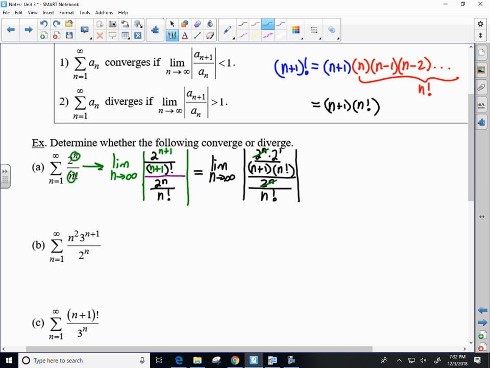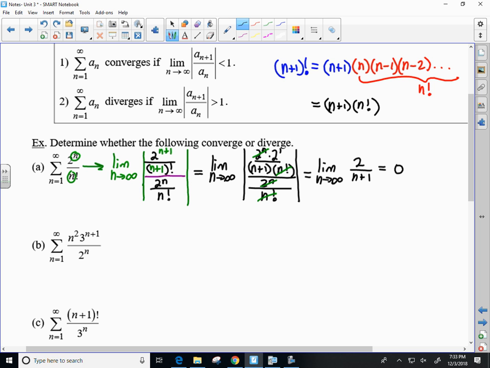2 to the nth is gone, n factorial is gone. So this would be the same as the limit as n approaches infinity of 2 over n plus 1, which would be 0.